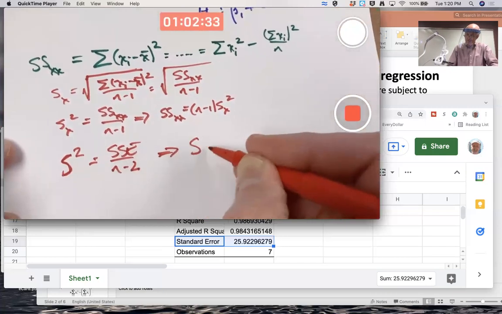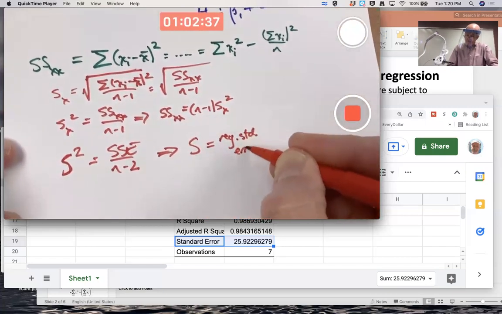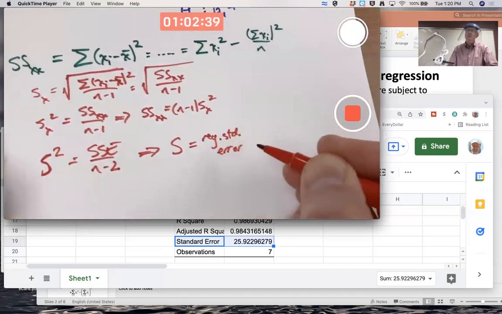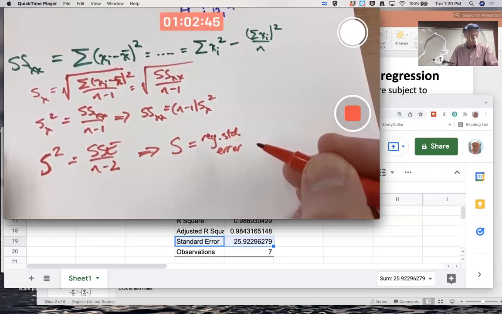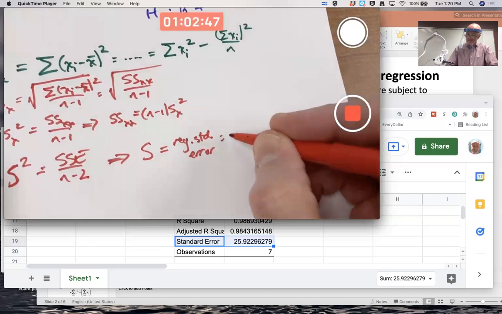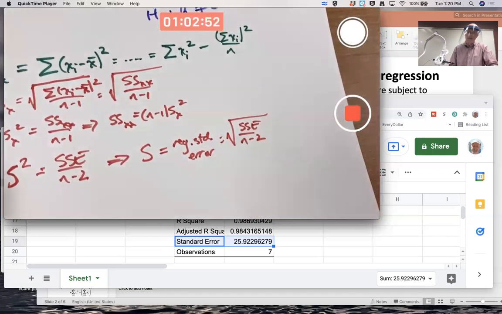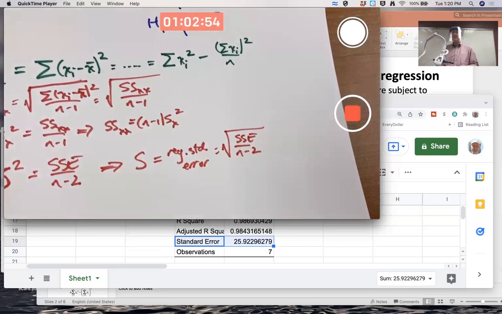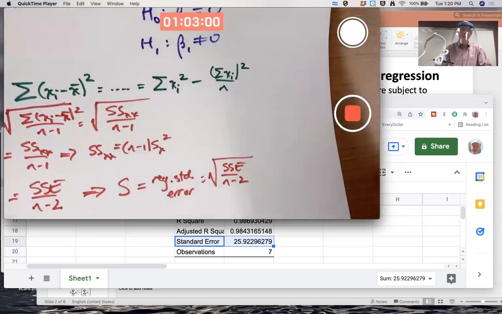So S itself, the regression standard error, not standard deviation but standard error, though it could be thought of as kind of a standard deviation, is the square root of SSE divided by n minus 2. So we need to find SSE. We did that last Thursday with the other data set. Let's do it again today with this new data set.